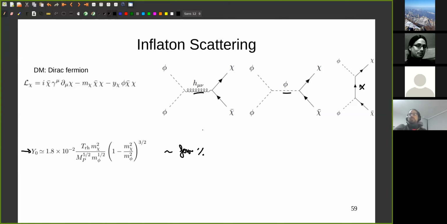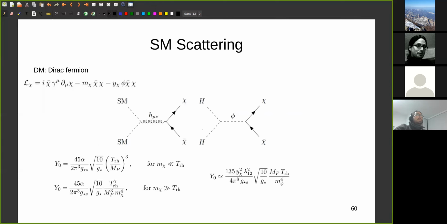So this process is there, we have included it, however, it's typically subdominant, giving rise to a small fraction of the total dark matter abundance. And last but not least, we have the usual UV freeze-in dark matter production via the scattering of standard model particles. This corresponds to the scattering after reheating.